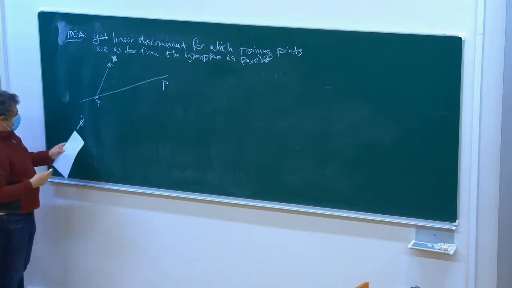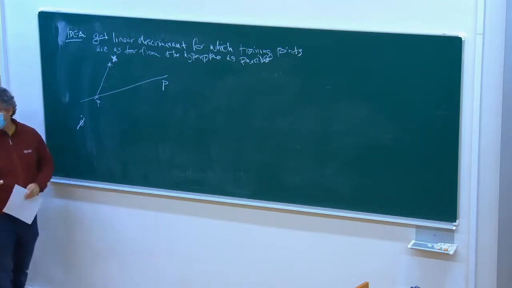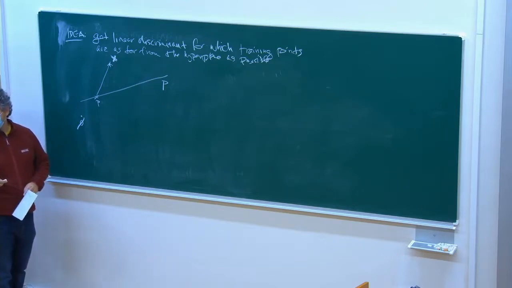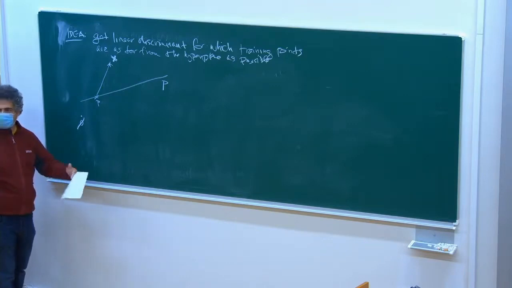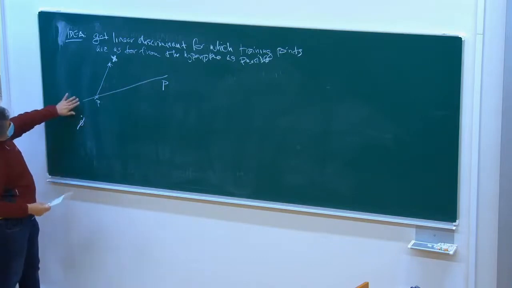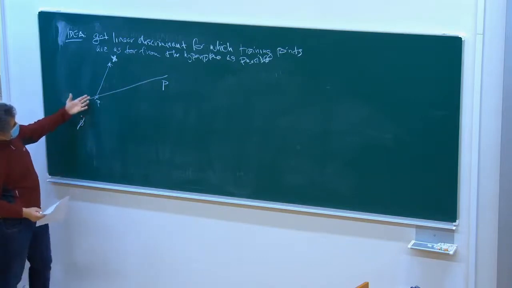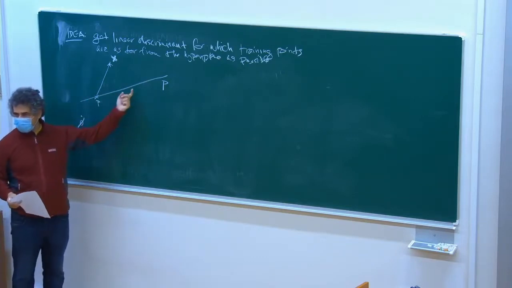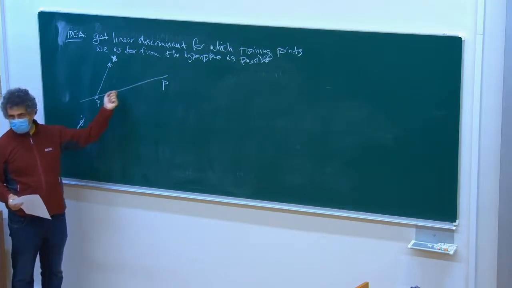But where is our distance d of a point from the hyperplane? I can do that in a couple of ways. One way would be that I'm actually looking for a point p that has the smallest distance.